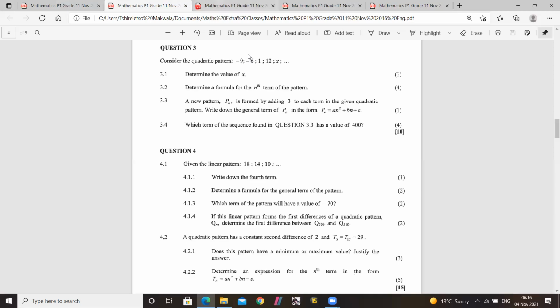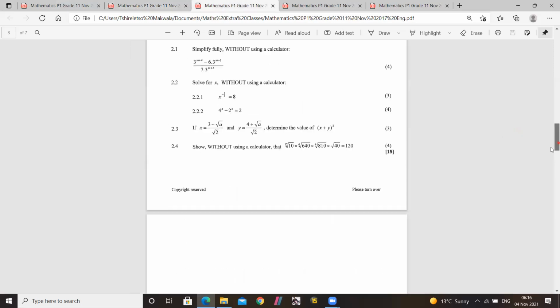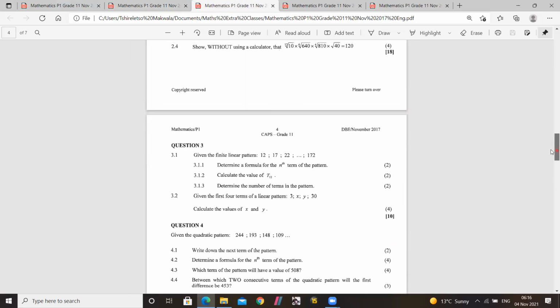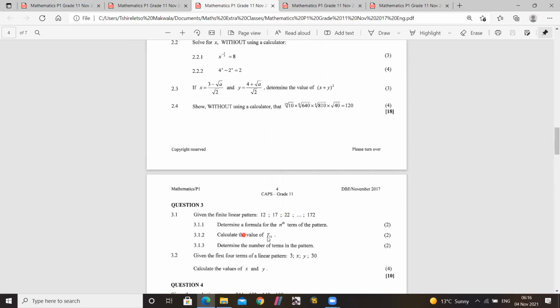So that's what they have for 2017. Do you see another linear? Oh, there's 2016, another linear pattern. Let's check for 2017. You have another linear pattern here. The same thing. Here you're gonna do it the same way as I did that one. You're gonna find the common differences and just equate the common differences.